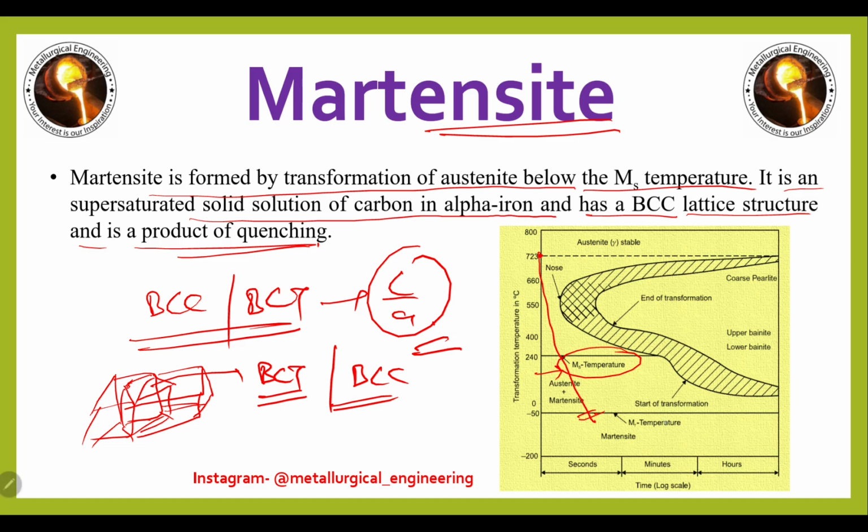And the martensite finish temperature is MF. Sorry, in case of CCT or TTT, not in the iron carbon diagram, this is one of the hardest phases due to the rapid quenching.